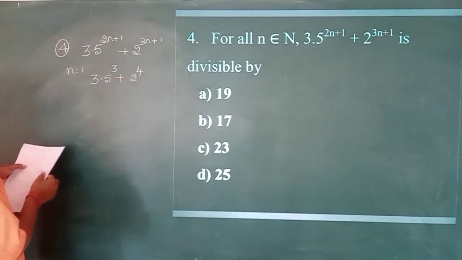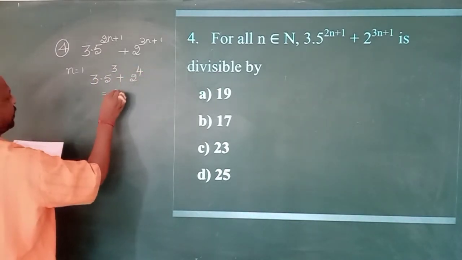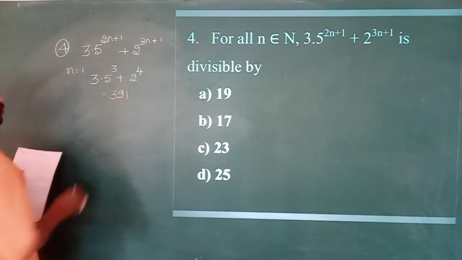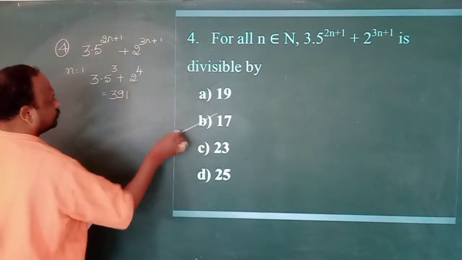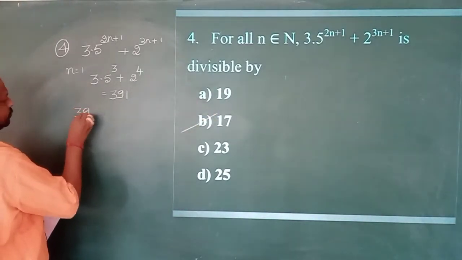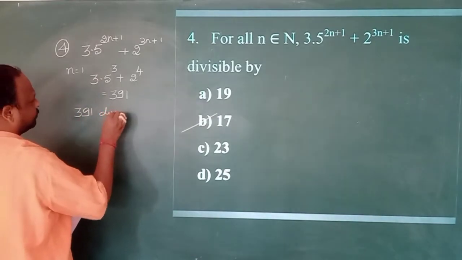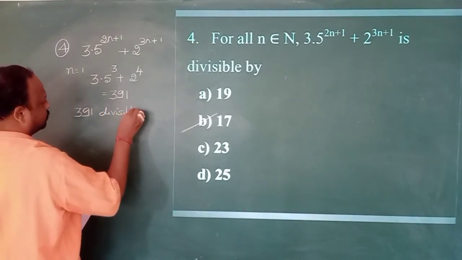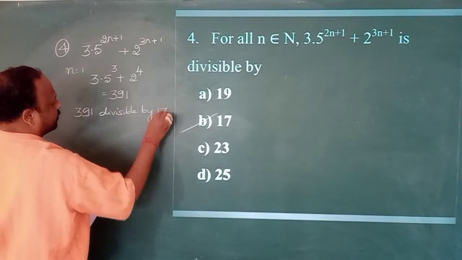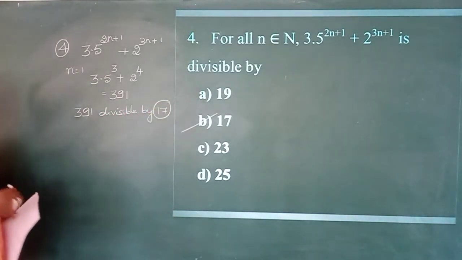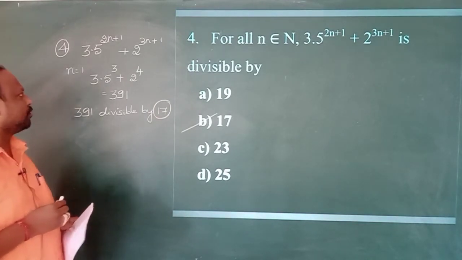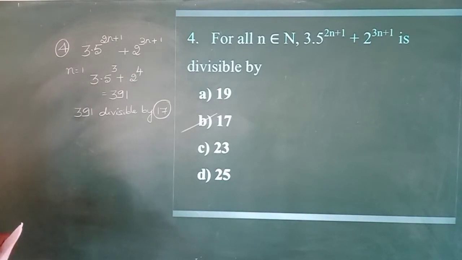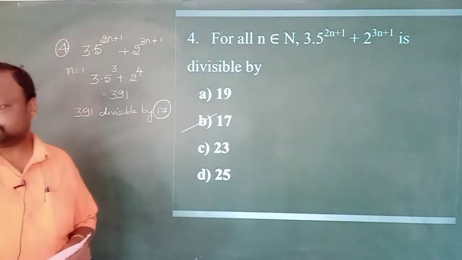So this will be 391. 391 is always divisible by 17. So option B is the answer. So here n is equal to 1, it becomes 3 into 5 cube plus 2 power 4, which is equal to 391, which is always divisible by 17.